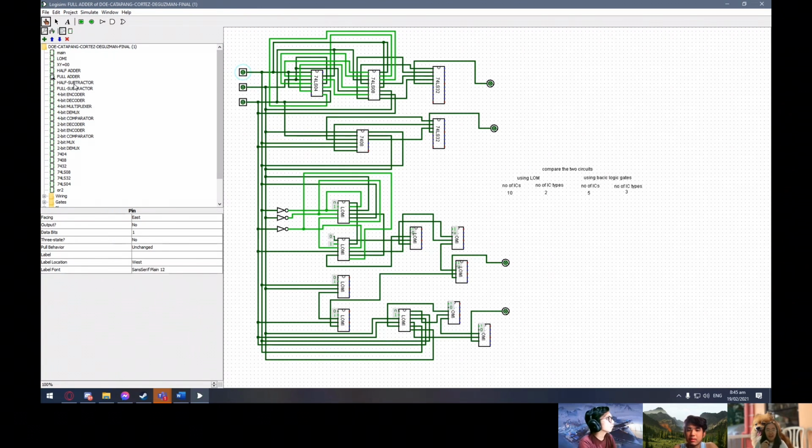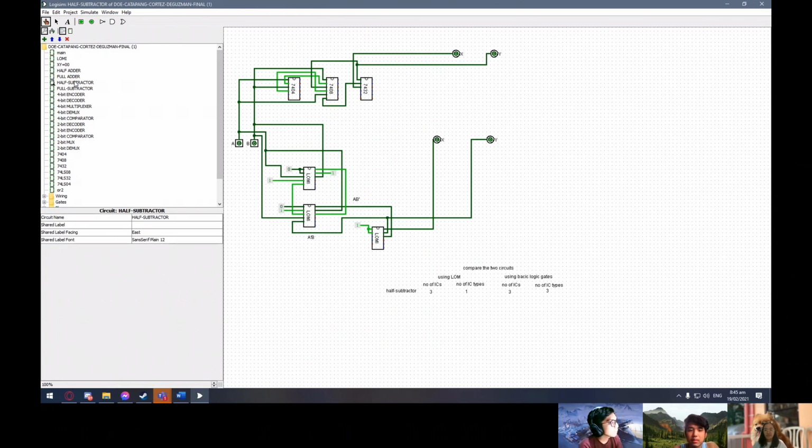Next, the half subtractor. Here we are presented with a circuit that consists of the subtractor. A half subtractor is like a half adder, but it subtracts.